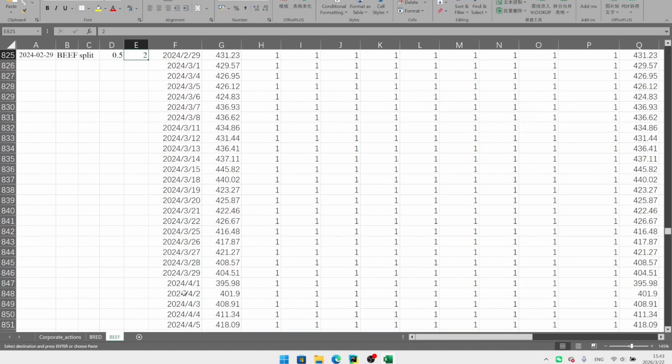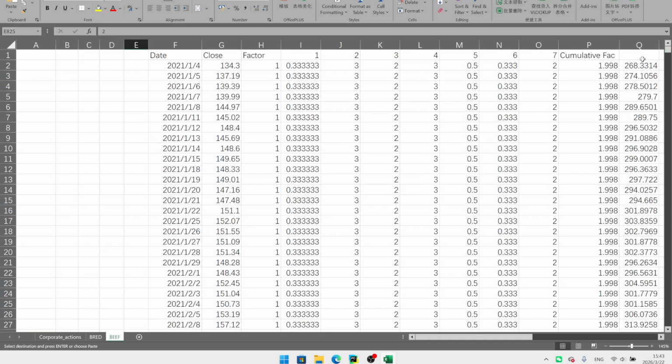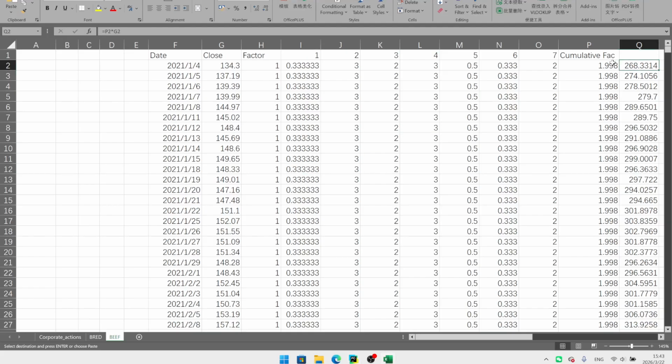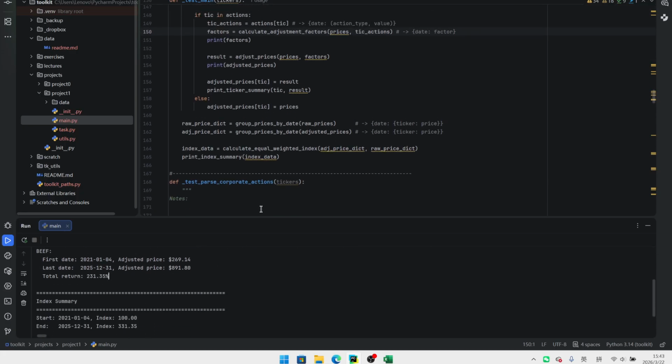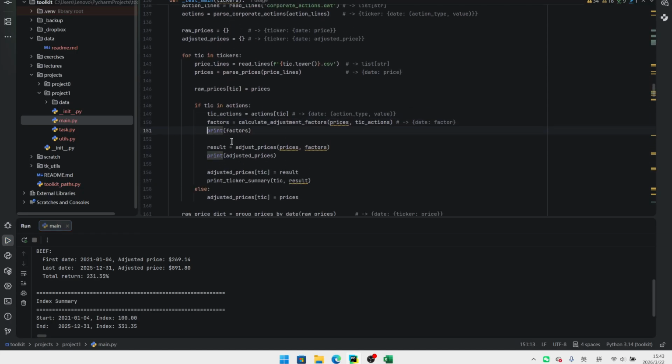Yes. I think that's the correct number. 203, 228. Cumulative number 0, 2, 1, 2, 3. So there is a slight difference. Another change. So the total return is the usual. So we just need to put this here. Put it here.